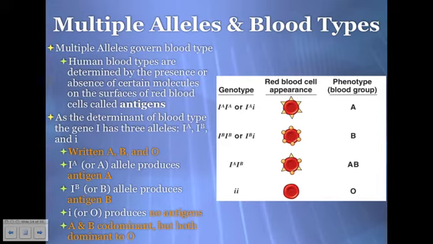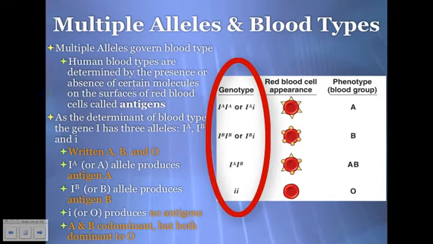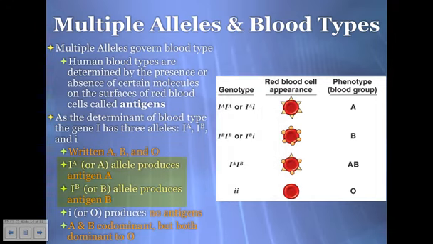So either A, B, or O. The genotype is written using a capital I or a lowercase i. I'm not exactly sure why the I was chosen, but the capital I would either carry the superscript A or B since those are both dominant over the recessive allele, which is O, denoted by the lowercase i.